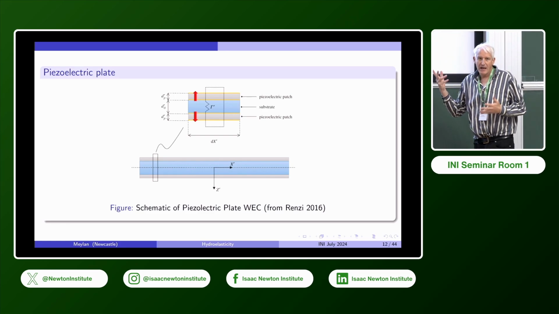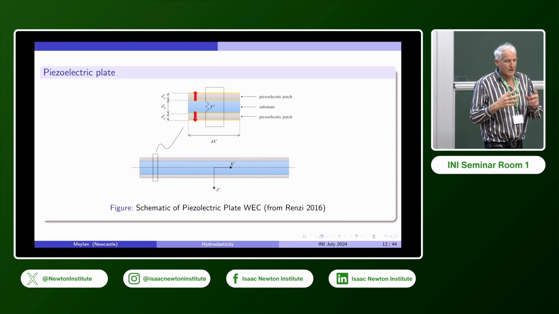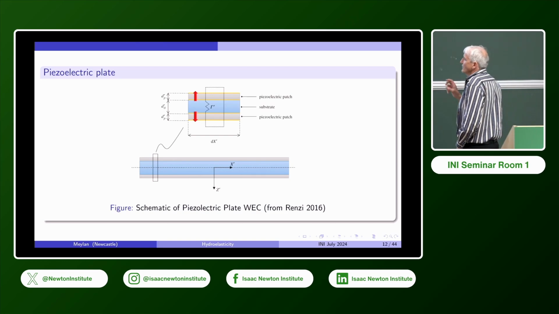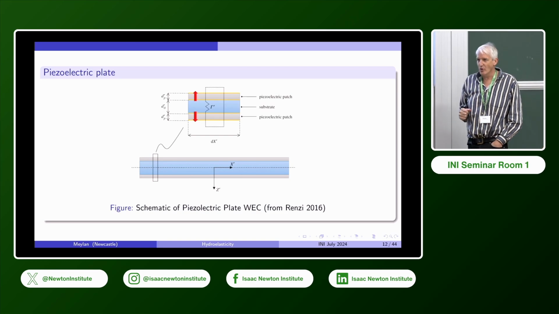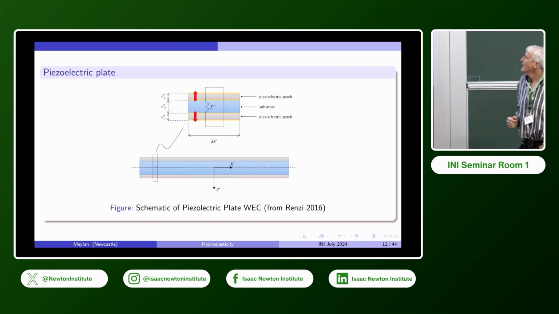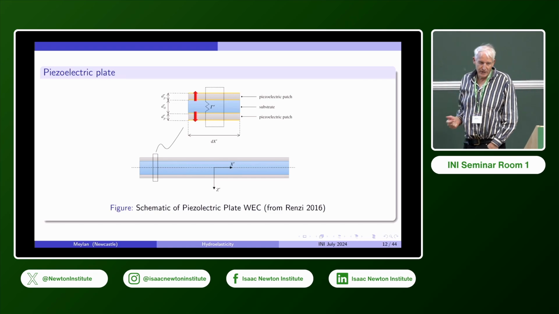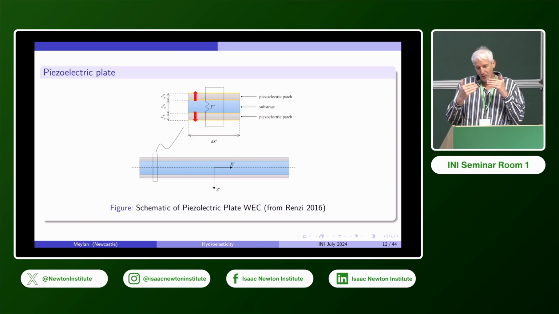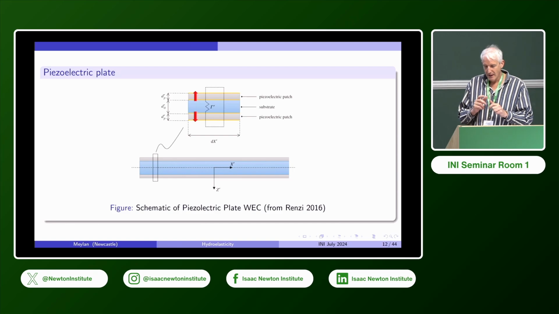He went as far as putting in realistic parameters for the piezoelectric material, which is something I haven't actually done. I've just done it in non-dimensional, theoretical units, or made-up units if you want. But this derivation is really interesting in itself, and if you talk to people who are experts on piezoelectricity, or the piezoelectric effect, there are a lot of subtleties because the material is highly anisotropic, and it has different properties flexing in different directions.